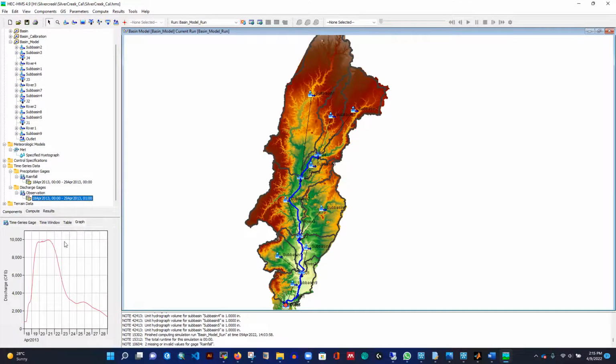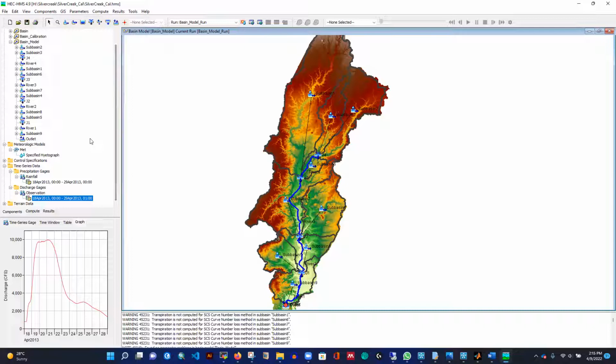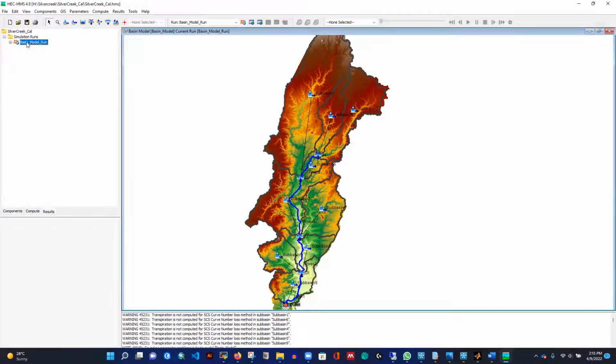So we have a pretty flat top of the hydrograph, and if you run the model, you'll see here, because the model is running for a few days, it's not that slow, and I can see the results here.